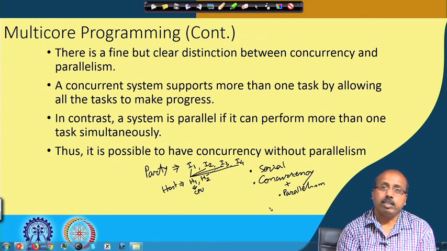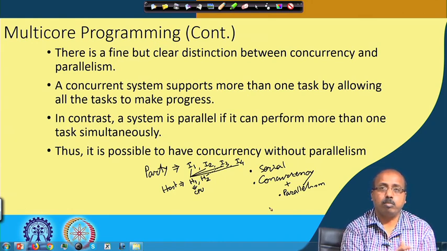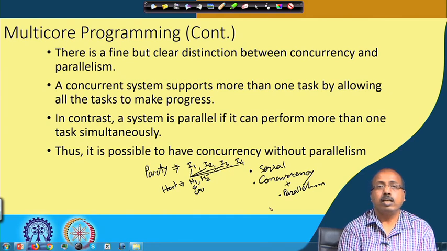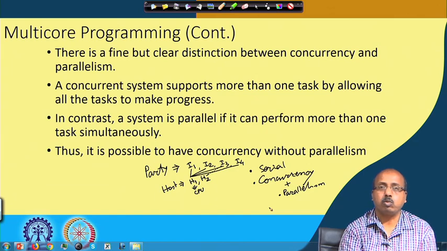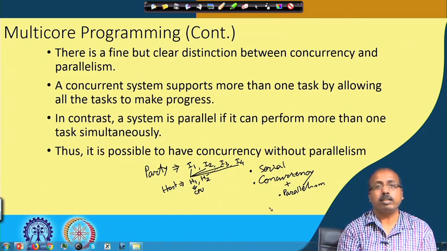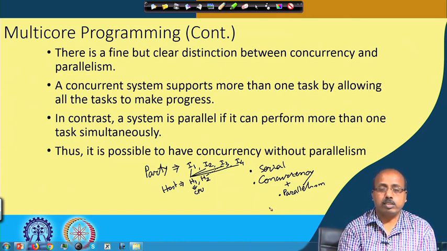Or it may so happen that the CPU is computing for the first process for some time, then it goes to the second process for again a small amount of time, and after some time it comes back to process 1 again. That way there is concurrency, because all the processes are being handled concurrently, but that is not parallel, because at one point of time the processor is given to only a single process.